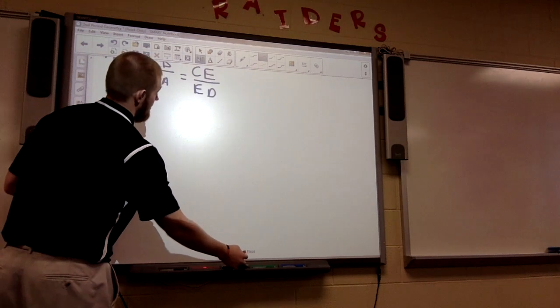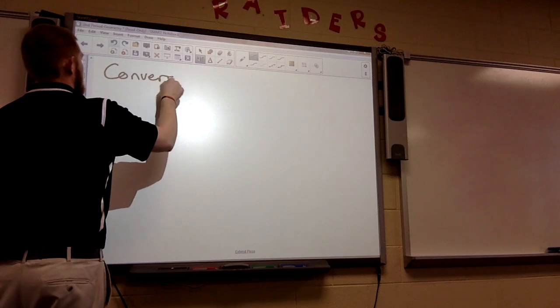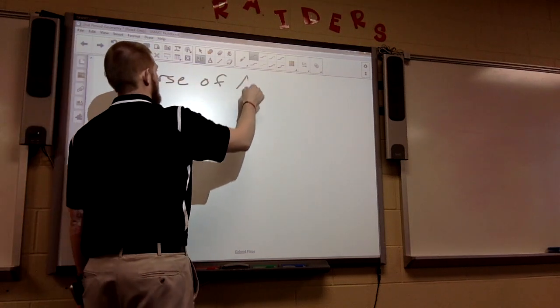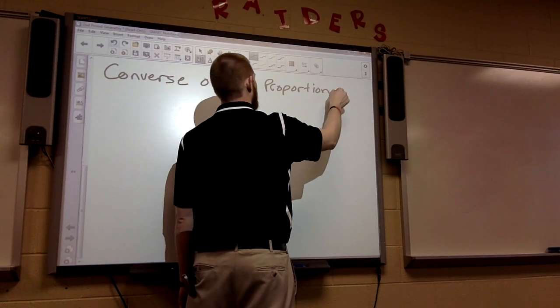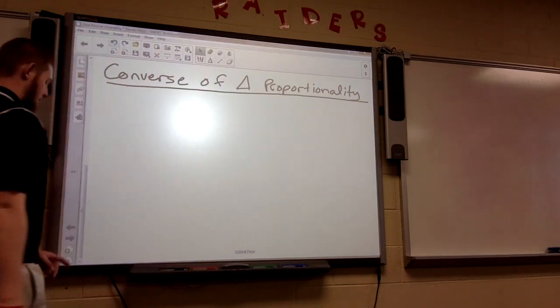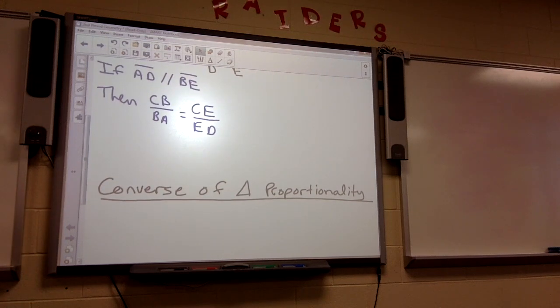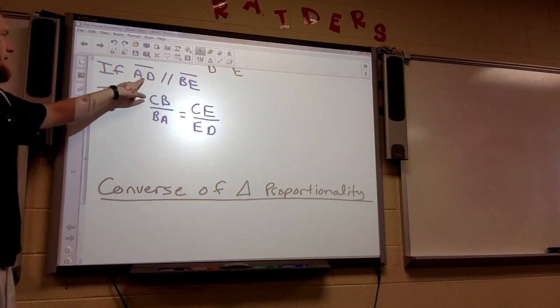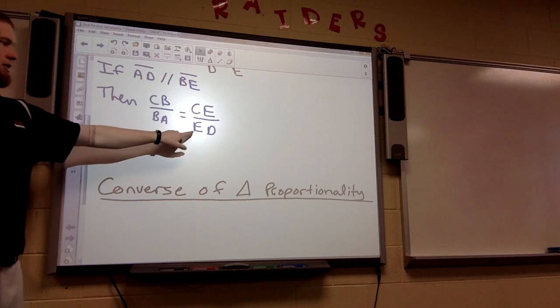The next one is the converse of triangle proportionality. So if we're finding the converse, okay, without even looking at the theorem, let's just look at this conditional statement right here. If AD is parallel to BE, then CB over BA is equal to CE over ED.